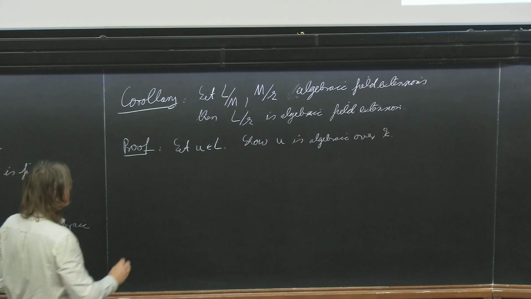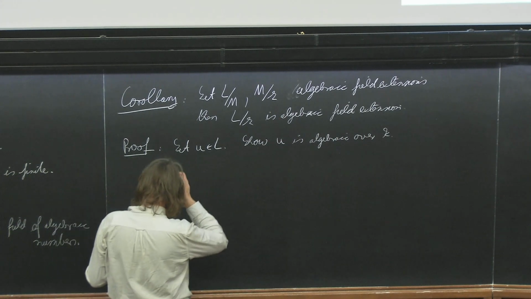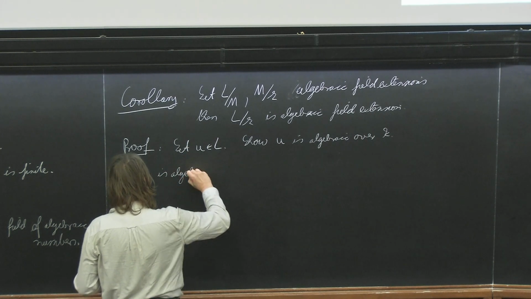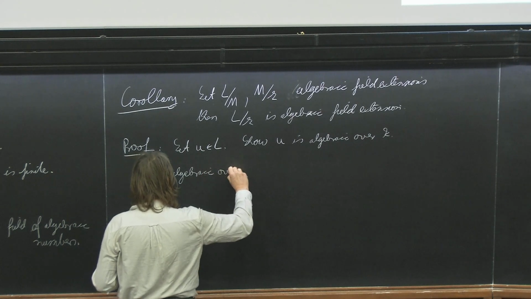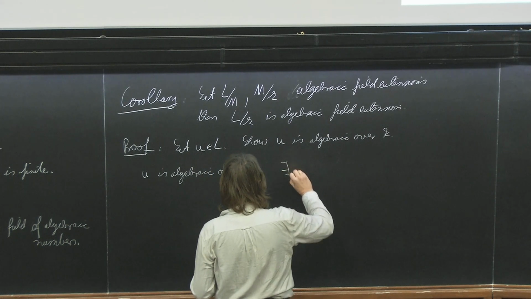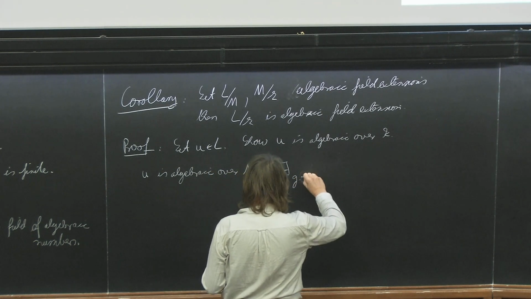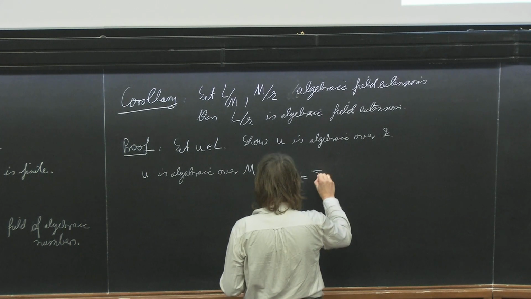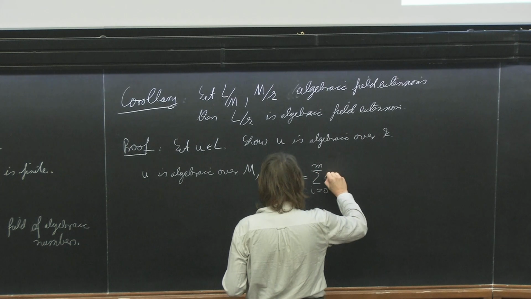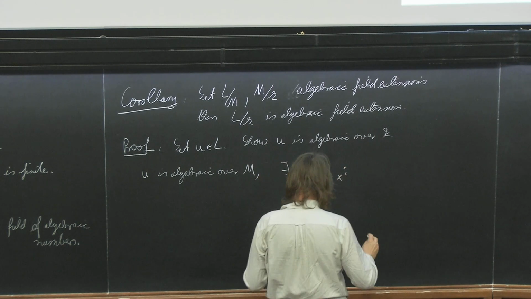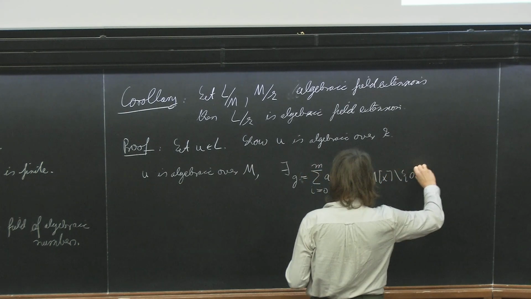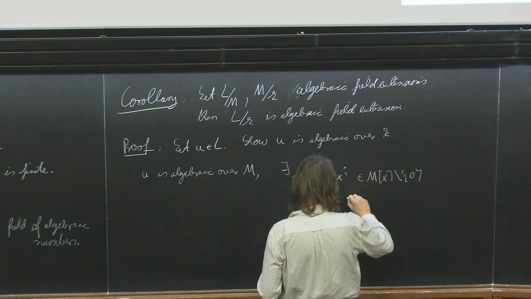So we know that u is algebraic over M. So we write out what this means. That means there exists a polynomial G, the sum over i equals 0 of a_i x to the i, with coefficients a_i in M, which is not 0, such that G of u equals 0.